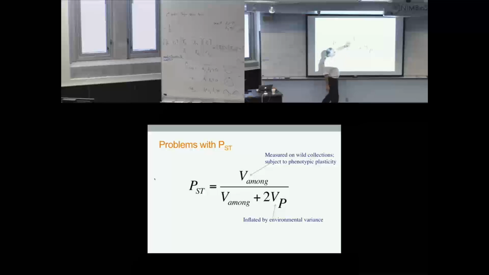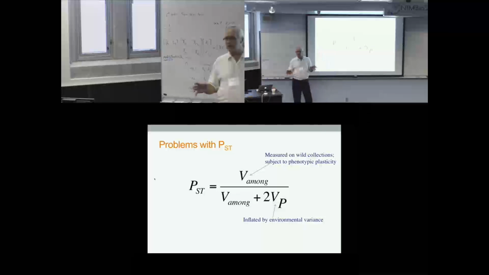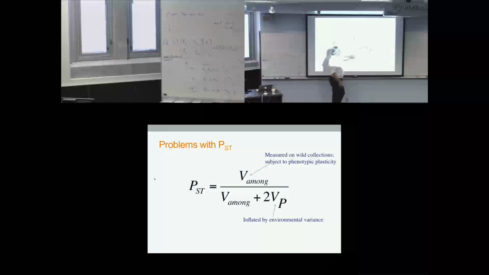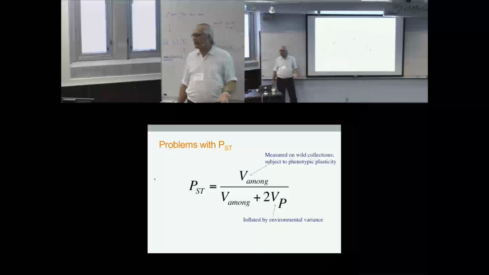The problem is, as I've alluded to building up to this, the variance among populations is going to be, well, typically an overestimate. There's going to be a lot of sources of variation that come from plasticity that make populations different, even if they're genetically identical. Okay? So that's going to make QST look bigger than it really is. And then if you use VP, that's an overestimate of VA, right?